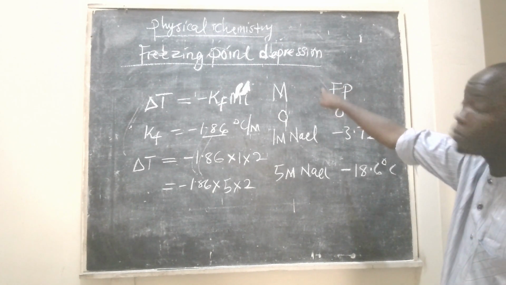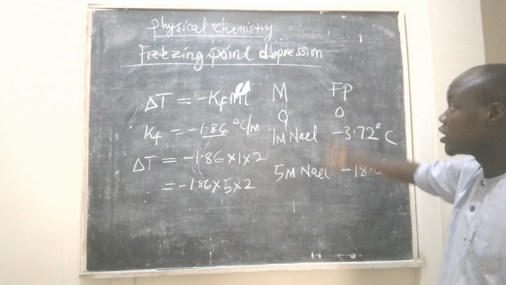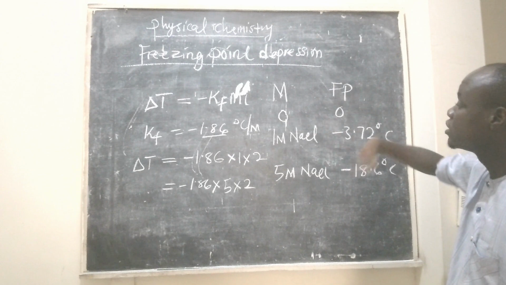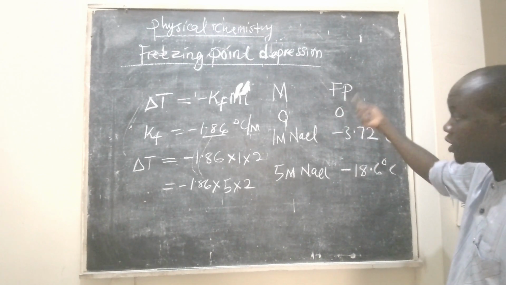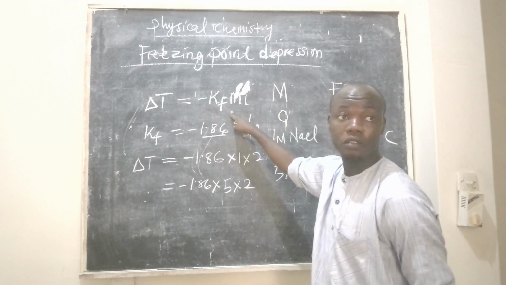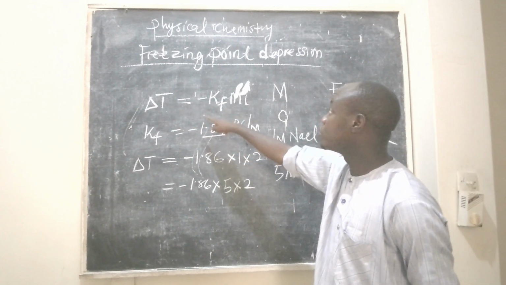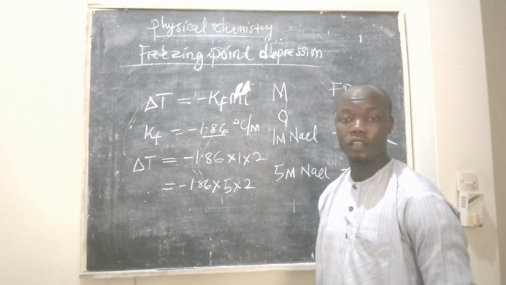So that is the freezing point depression. As you increase the number of solute particles, the freezing point will be decreased. And this is the formula for calculating decrease in freezing point, that is, the freezing point depression is minus Kf times m times i. Okay?